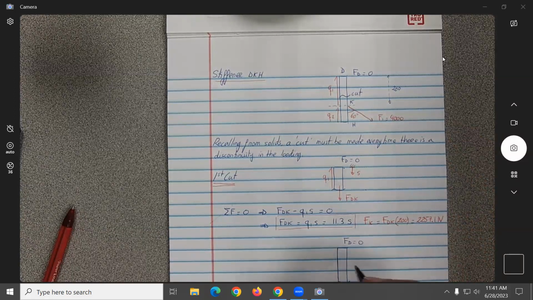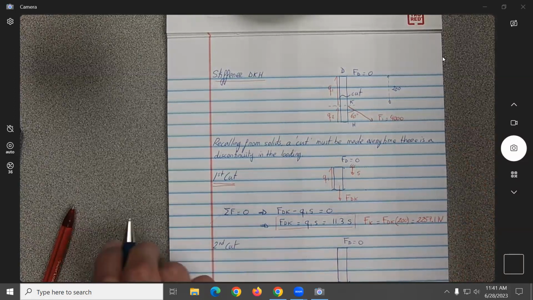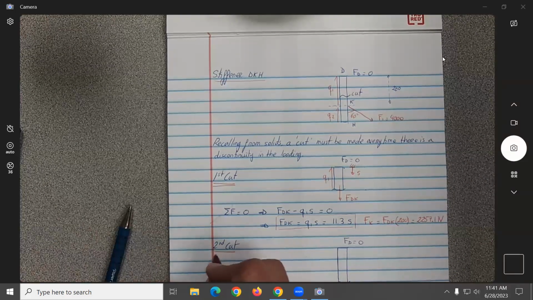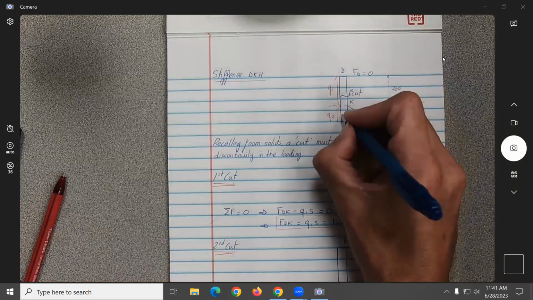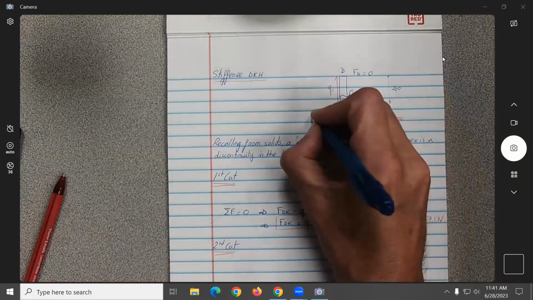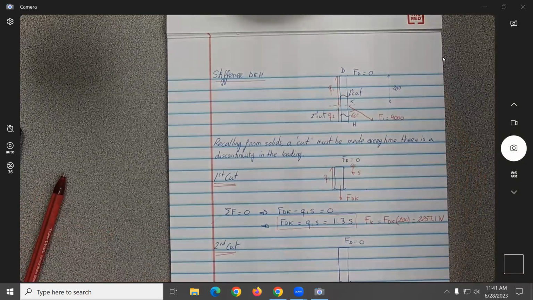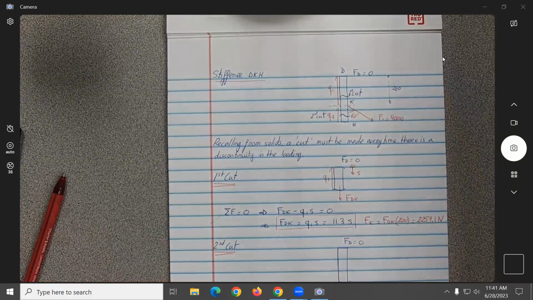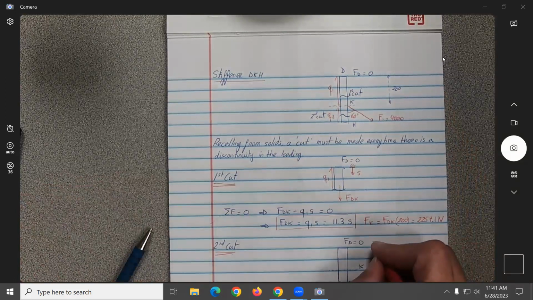Maybe let's cut this one, the second cut, and I put it over there. So second cut, past the discontinuity. Let's say the first cut will be this one. Second cut. So what do we have over here? This will be point K. Again, we're going to have S over here.